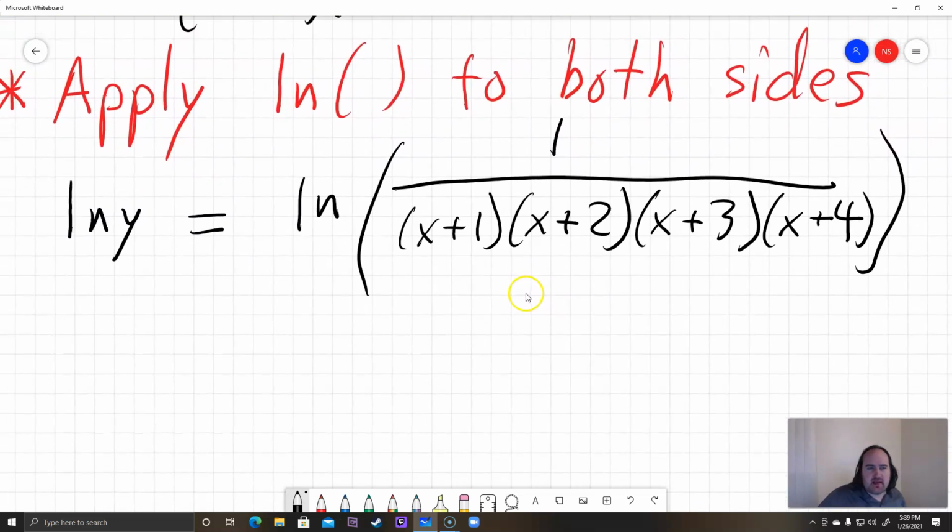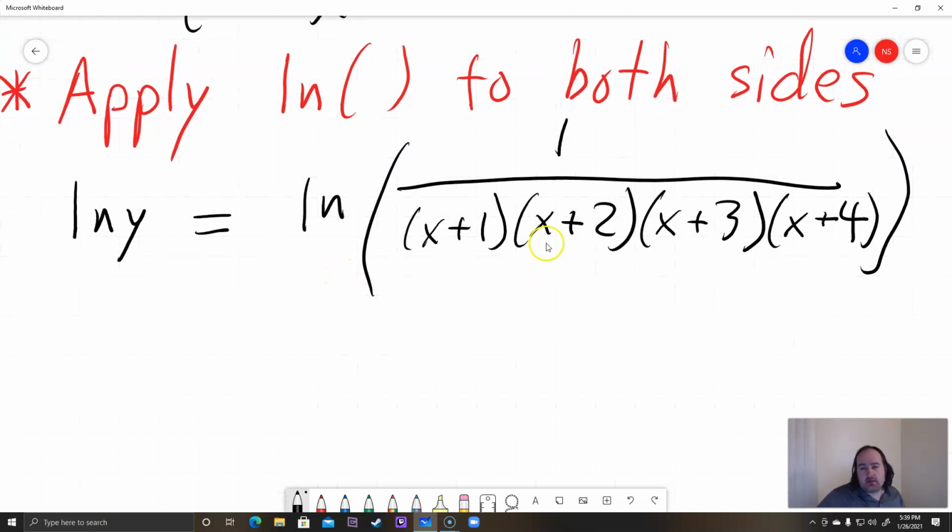Okay, so now that we've done that, our next step is to simplify the right side using properties of logs. In particular, with this one, we want to use the property of logarithms called the reciprocal property.